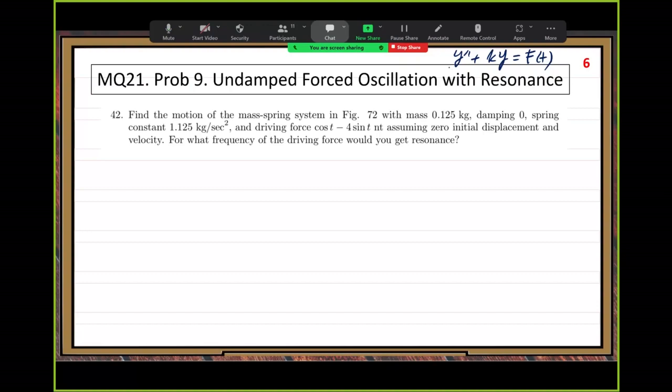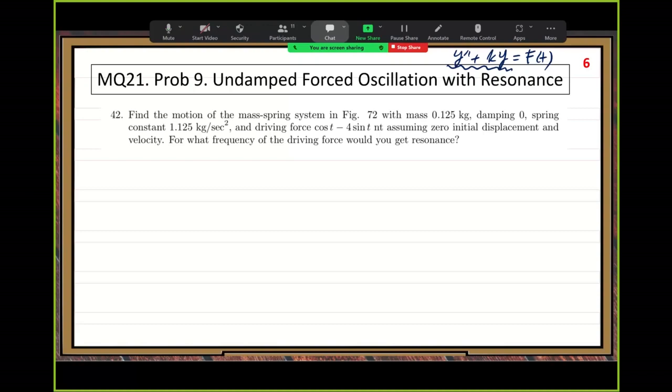So you will see the general solution of the homogeneous part has sine cosine, and there is a period and a frequency. That frequency we call the natural frequency. So when your driving force F has the same frequency as the natural frequency, then resonance occurs.